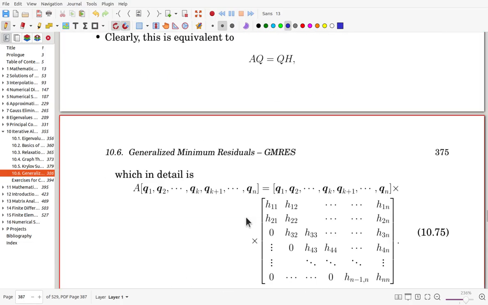In detail, this equation can be written in this way: AQ equals Q times H. This is an upper Hessenberg matrix.